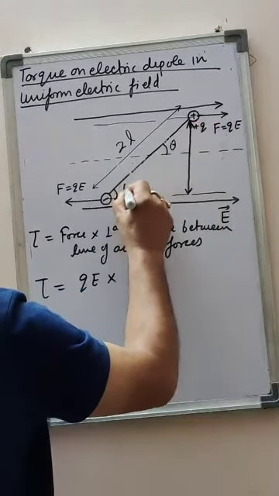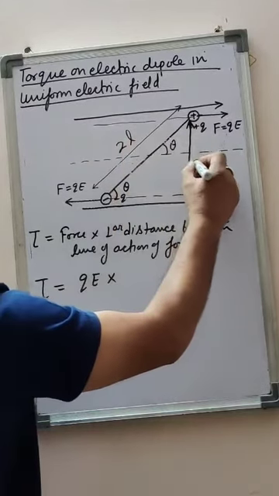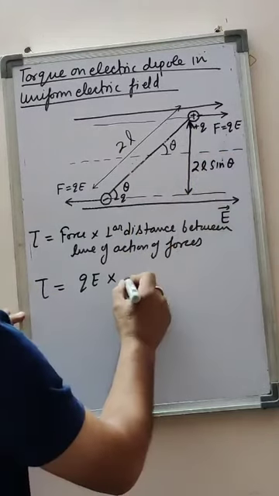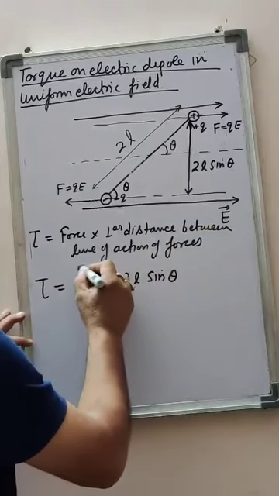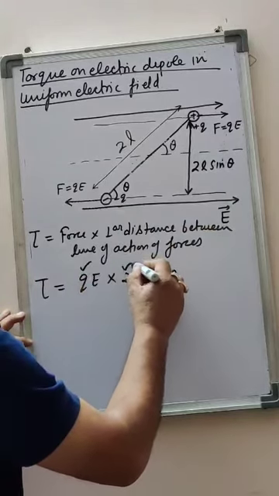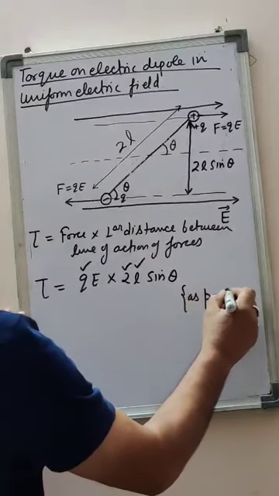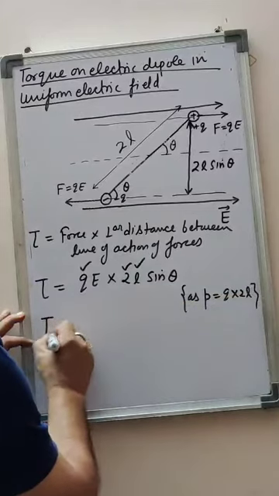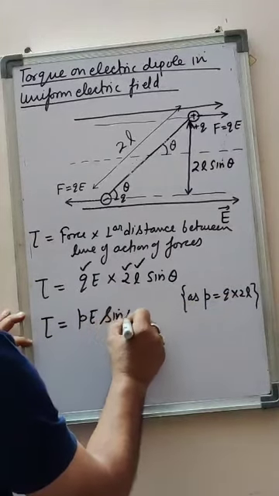This is also theta. This is perpendicular, this is hypotenuse. So this distance will be 2l sine theta. So into 2l sine theta. As I have told you, q into 2l is p. As p is q into 2l, so torque will be equal to pE sine theta.